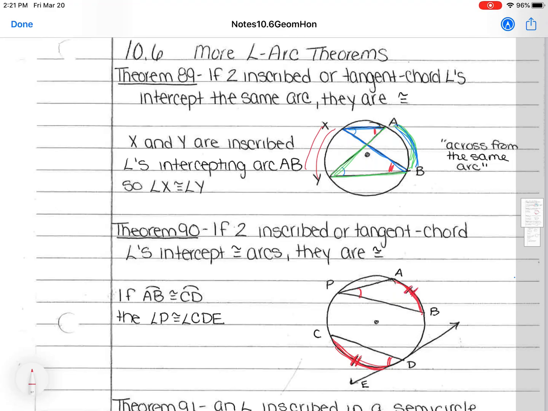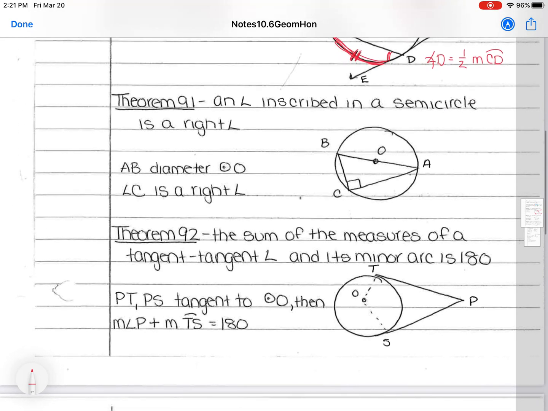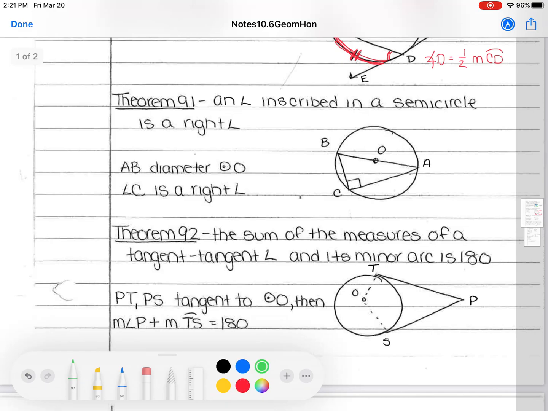By the formula, P is an inscribed angle, so angle P would be equal to 1/2 the measure of arc AB. And D is made up of a chord and a tangent, so angle D would be equal to 1/2 the measure of the arc that makes it up, which is CD. And given that AB and CD are congruent to each other, you can therefore say that angle P and angle D are congruent to each other.